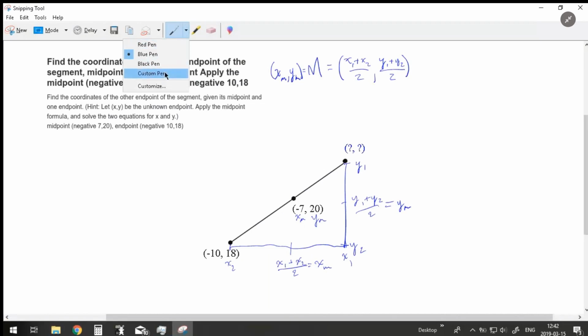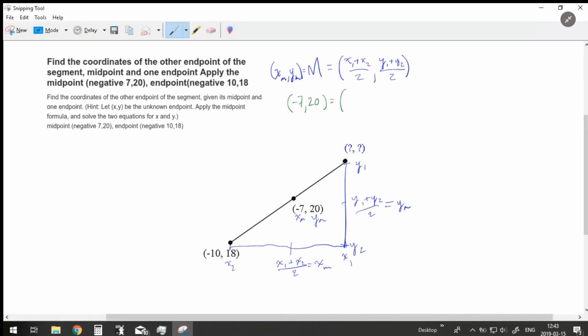But then how do I solve? You may say, well, I have the midpoint. How is this useful to me? Let's just plug stuff in and solve for the unknowns, just as we would for anything. So here, x sub m, the x coordinate for the midpoint is -7, and the y is 20. Let's make that equal to my averages.